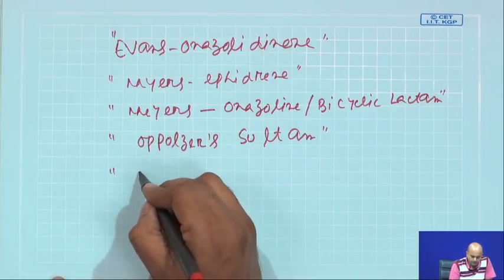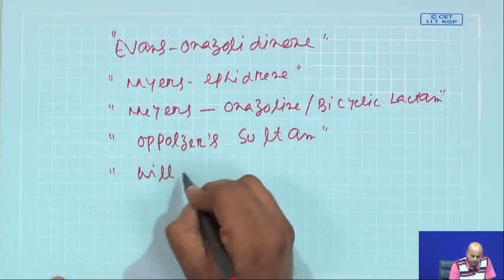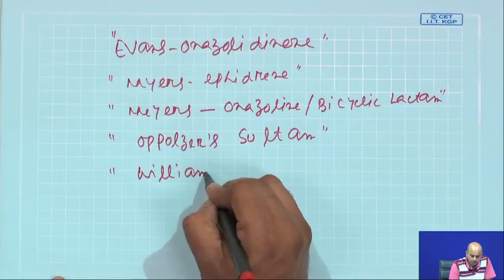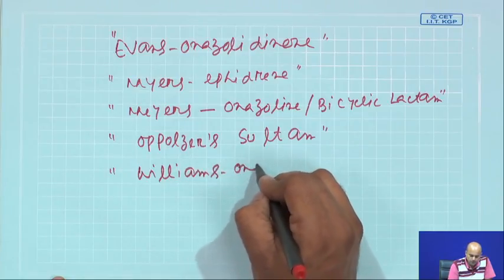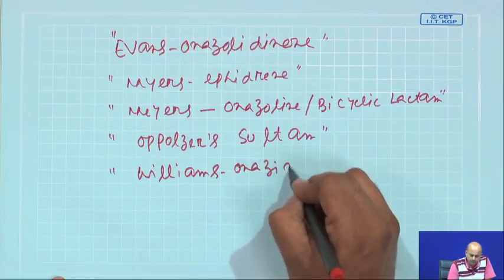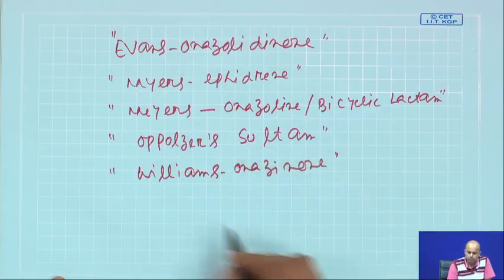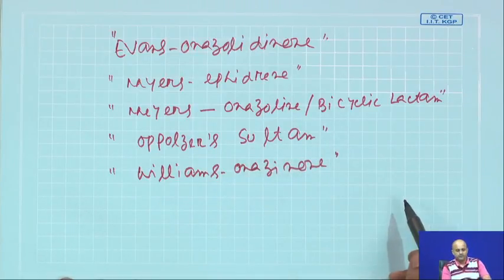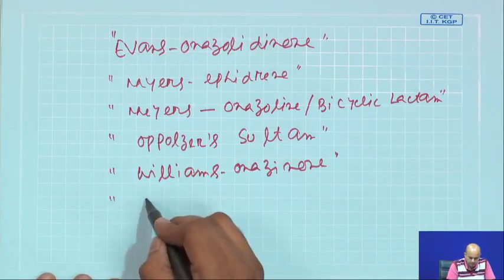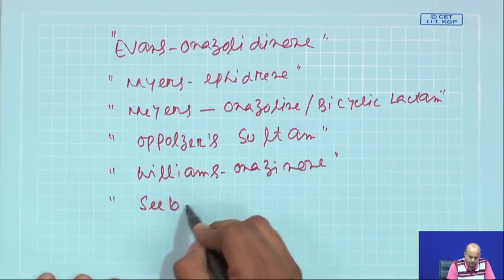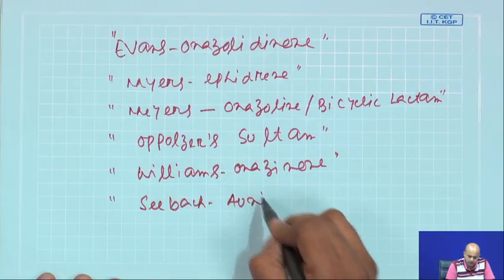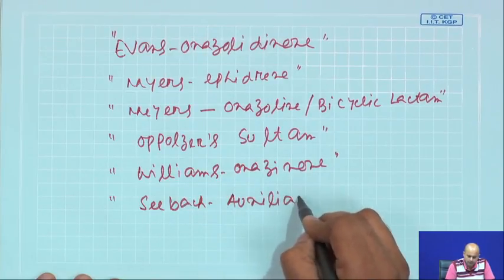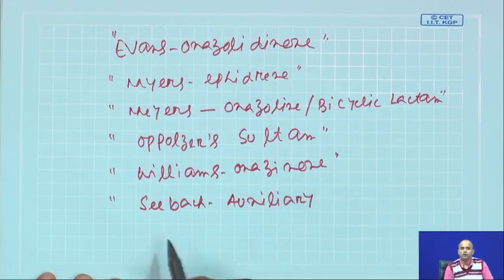There are auxiliaries named as Williams oxazinone. These are the auxiliaries which probably you need to find out in the literature. There are Seebach auxiliaries. So, all the auxiliaries basically work on a similar kind of principle.